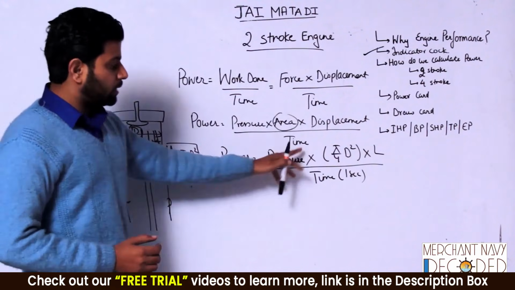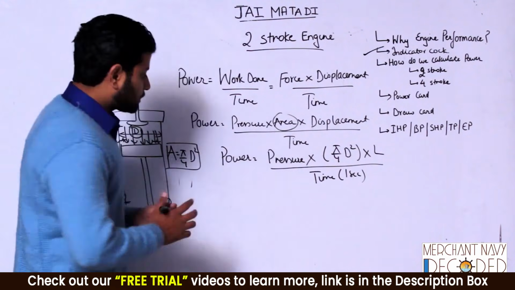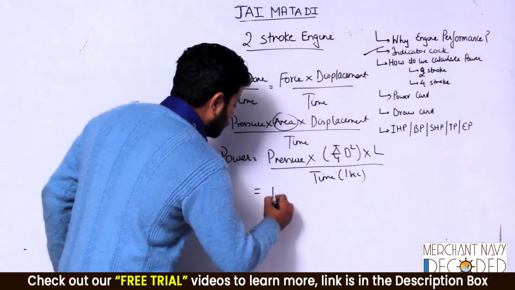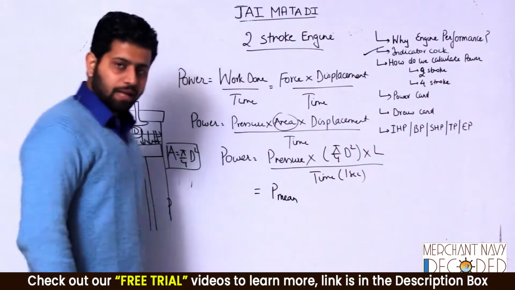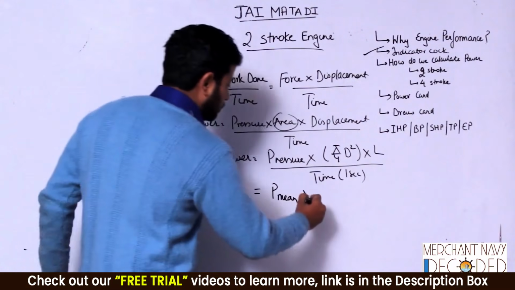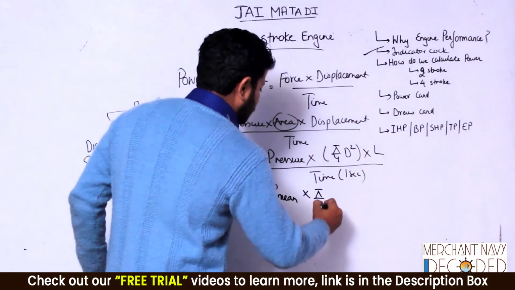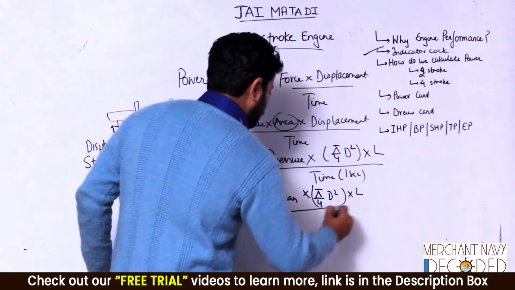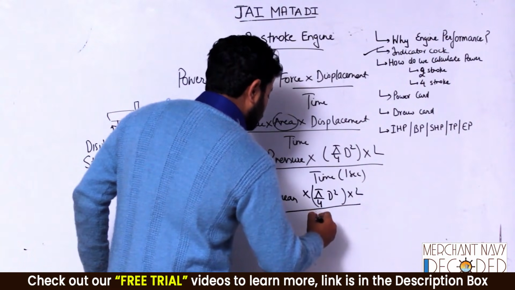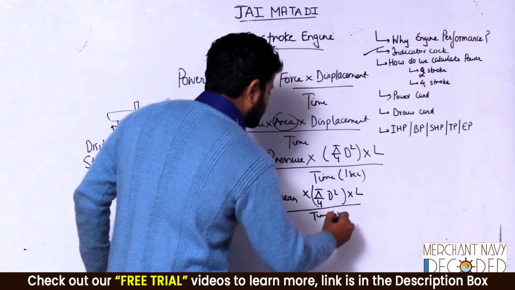We will calculate that. I will show you the method, but that is called mean pressure, P mean, average pressure into pi by 4 d square into L upon say time, which I will take as 1 second.